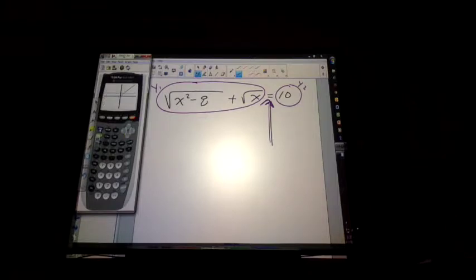It says what? Oh, my cursor's got it. There we go. First curve. Second curve.